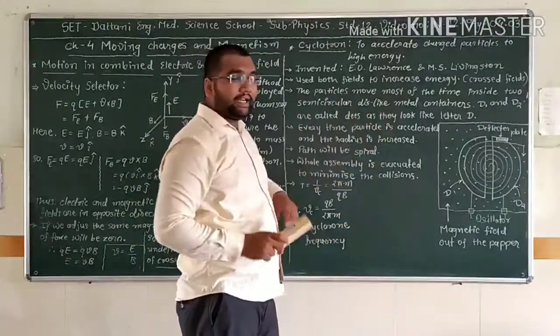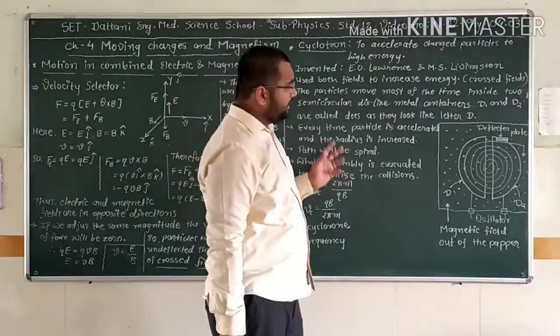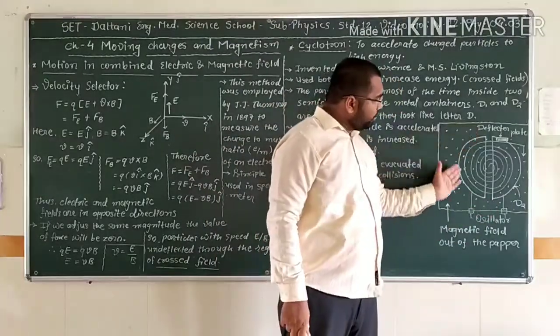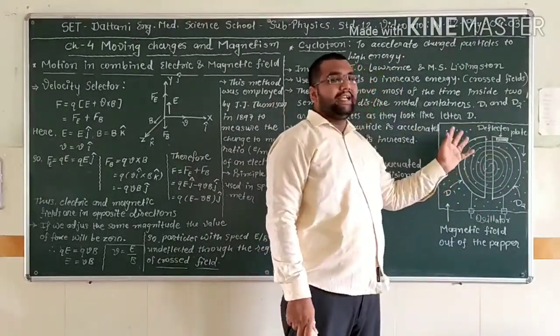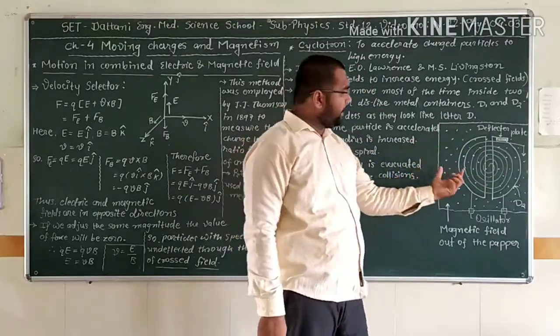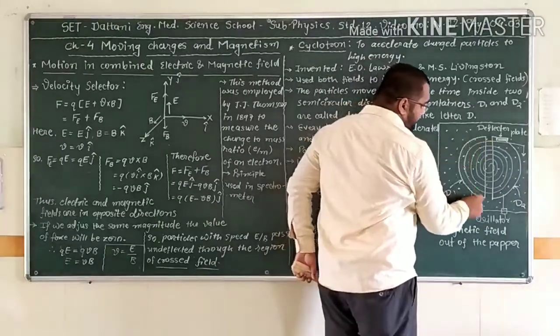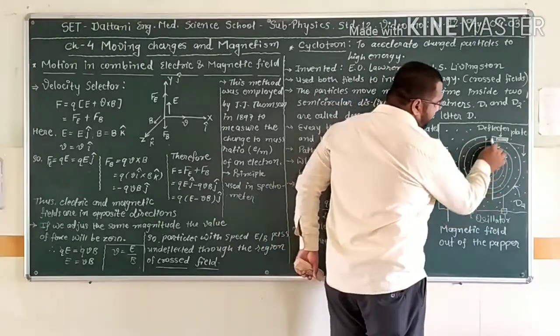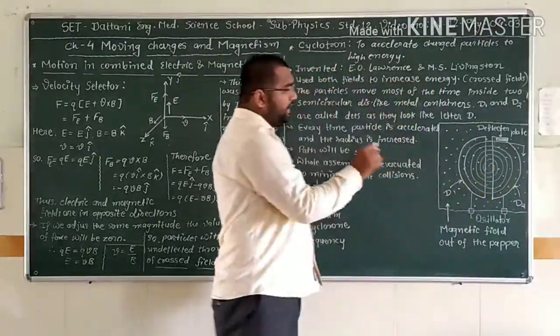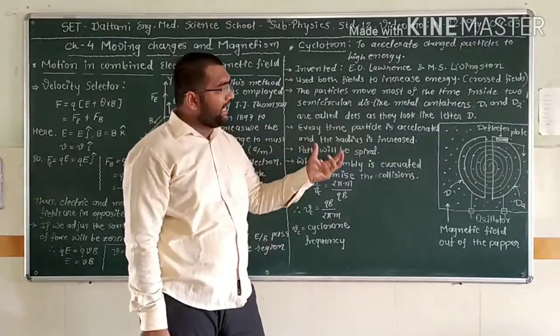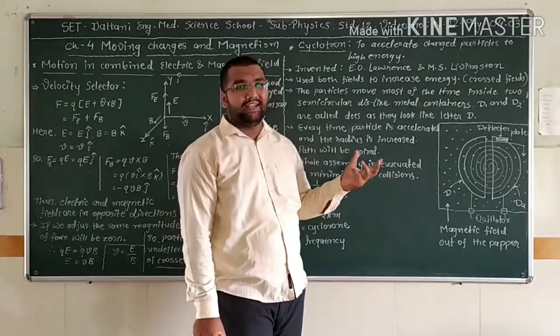If we talk about the construction of a cyclotron, here we can see two semicircular letter-D type containers. This is our first D and this is our second D. The shape of the container is like the letter D, so it is called a dee.